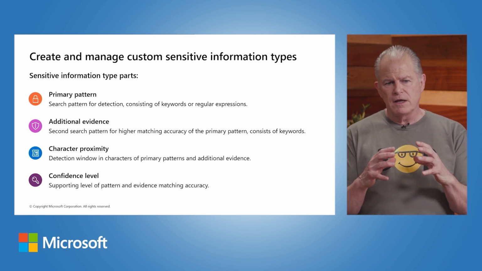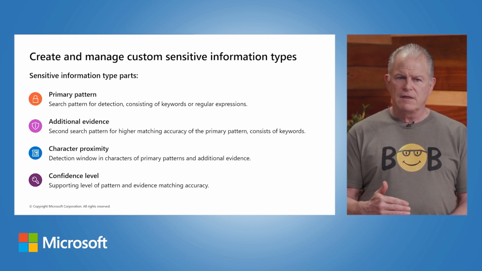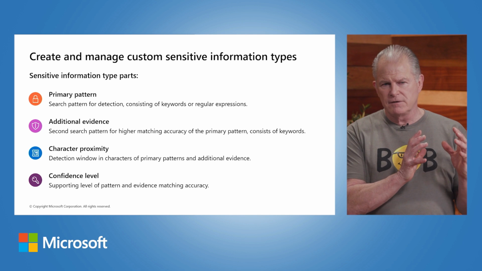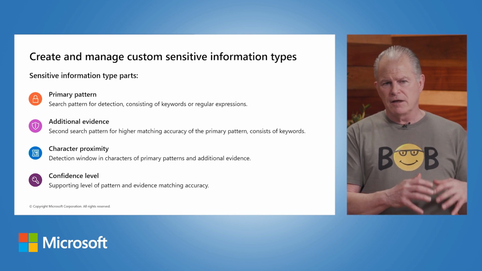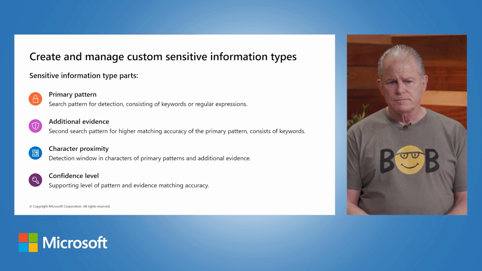So there are all these different additional evidences that you can apply to give a high level of confidence that an object that needs to be protected is going to meet the requirements of that sensitive information typing, so that it can identify it correctly to have the right governance applied to it.